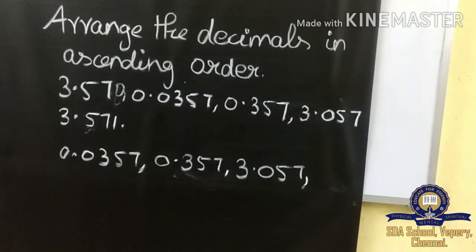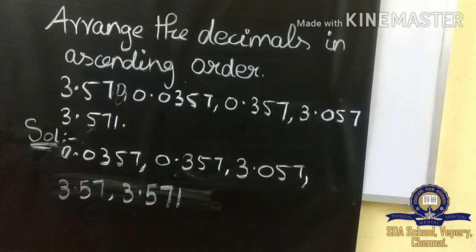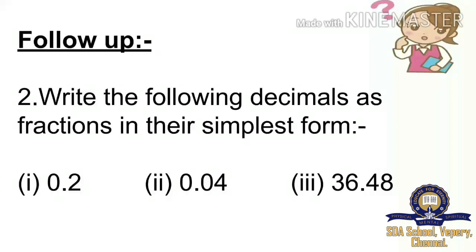So first we are going to write 3.570, and the greater number will be 3.571. So the value 3.57 is smaller and 3.571 is the greater number. Here we just arranged the decimals in ascending order, right? Here is your follow-up work.